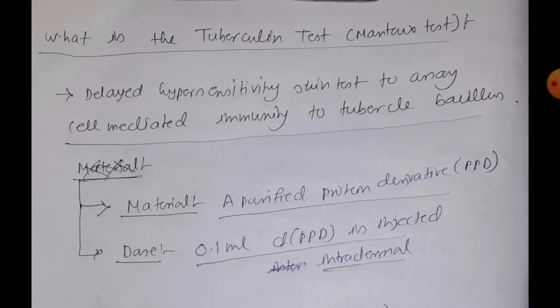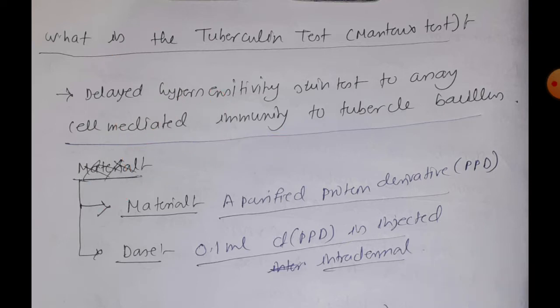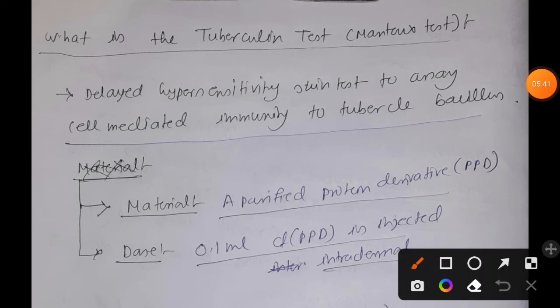The tuberculin test was previously used as a standard method to find out whether a particular person is infected with Mycobacterium tuberculosis or not. Although nowadays we have molecular techniques such as PCR and many other techniques that we can use, tuberculin was a very crucial and important technique to find out whether a particular person is infected with Mycobacterium tuberculosis or not.